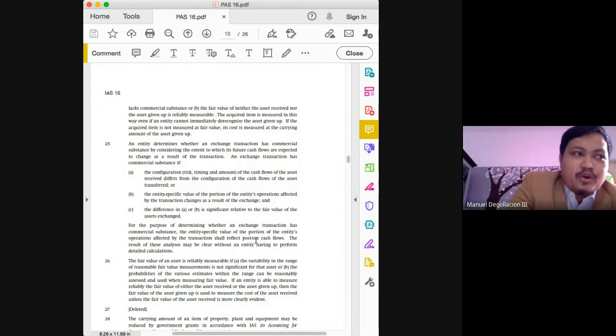If it lacks commercial substance, then it will be at carrying amount if fair value is not available. But if the transaction has commercial substance, meaning it will result in a significant change in the cash flows of the entity, then it will be measured at fair value.